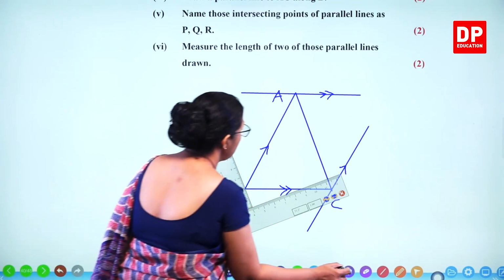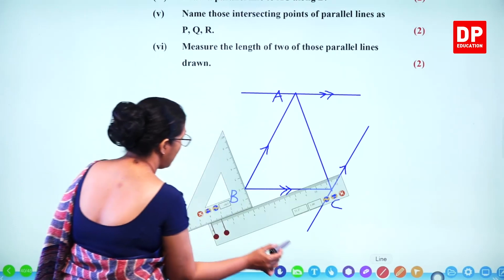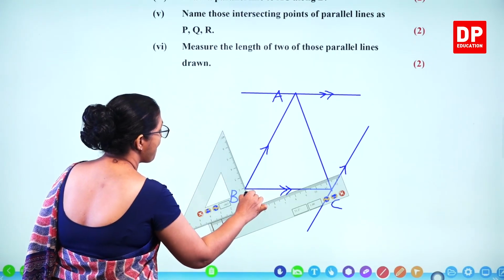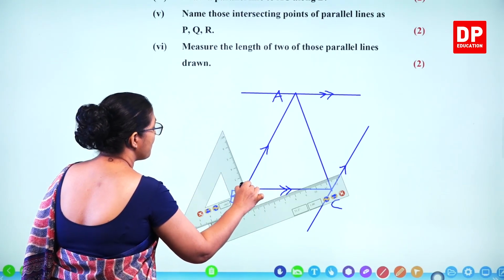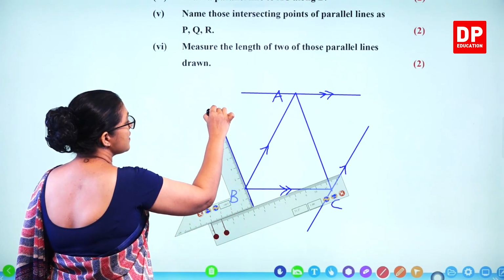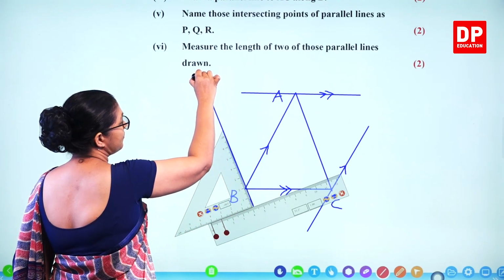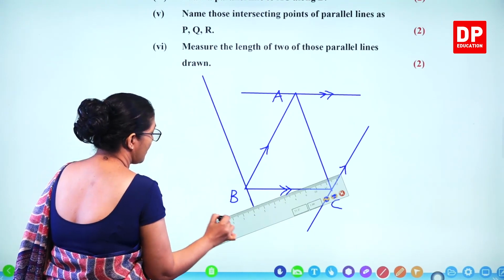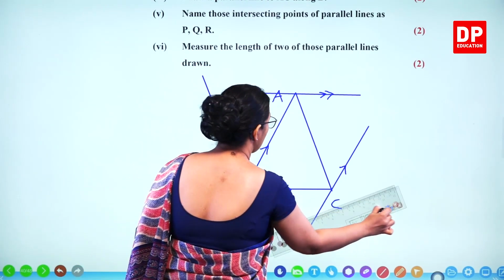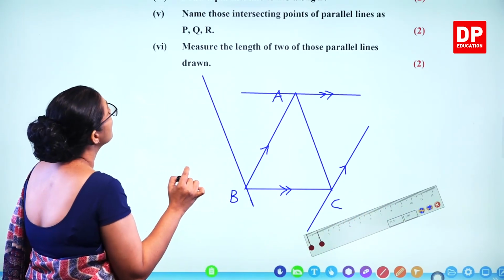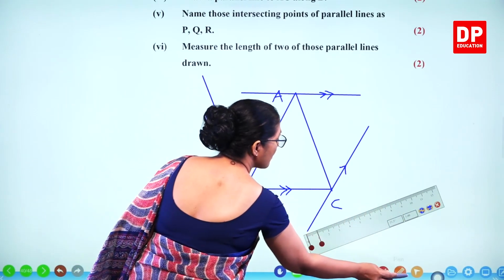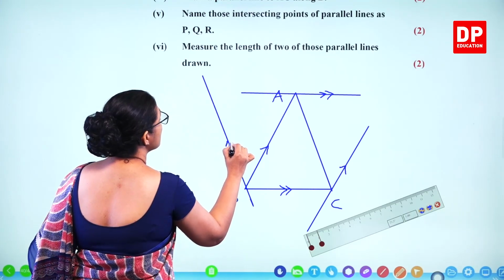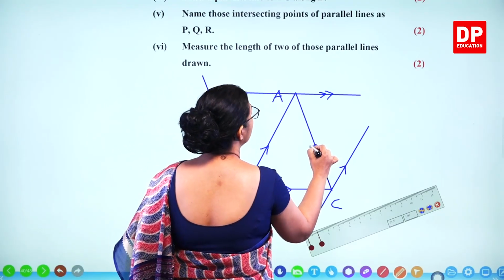And now you can draw the line. So that's the parallel line. So this line is parallel to this one.